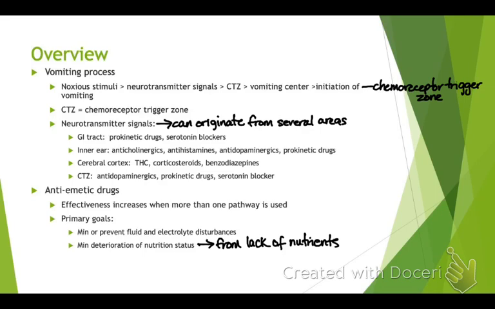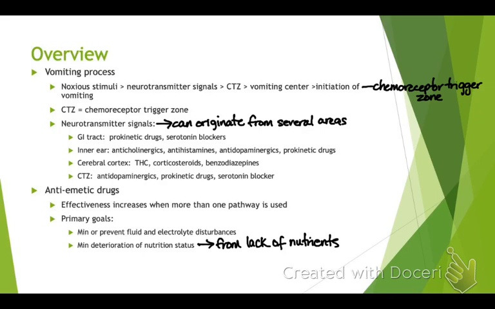Your neurotransmitter signals can originate from several areas. One area they originate from is the GI tract. So your prokinetic drugs and your serotonin blockers all affect this area.